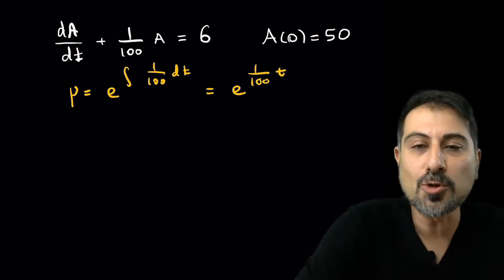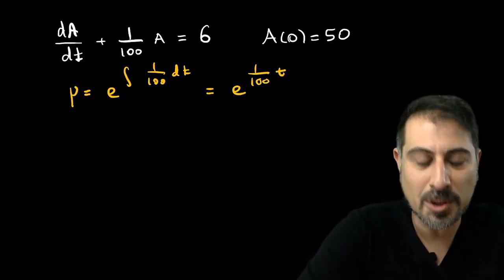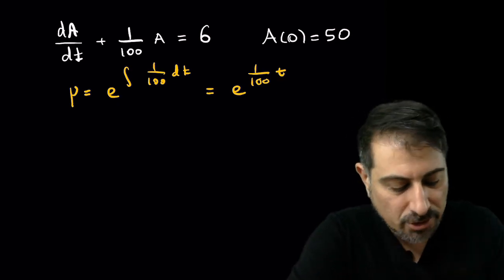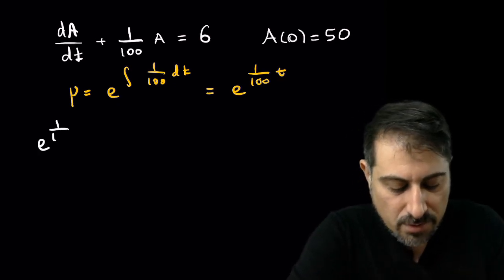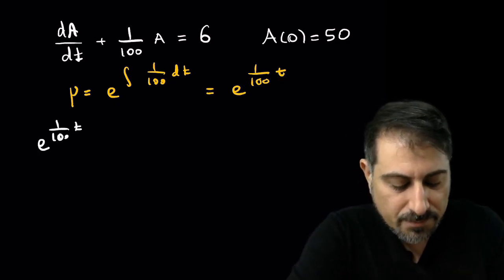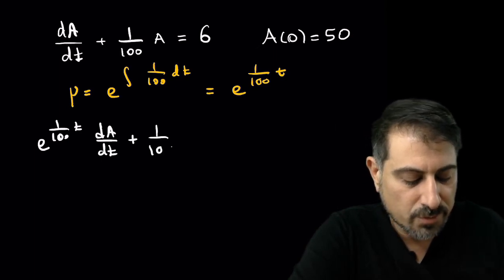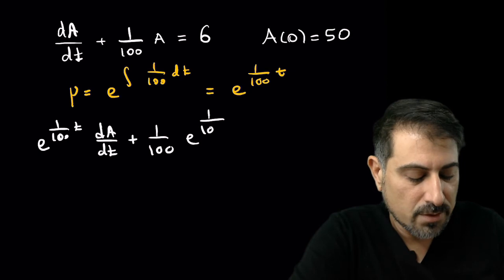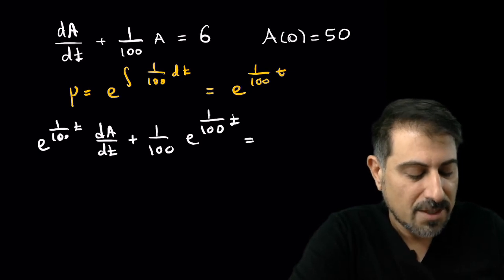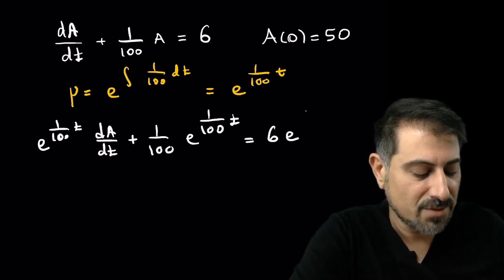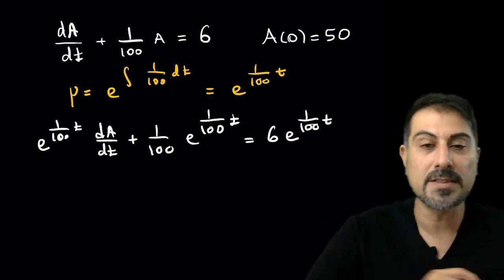So why don't we multiply both sides of the differential equation by the integrating factor. So e to the 1 over 100 t dA over dt plus 1 over 100 e to the 1 over 100 t A equals 6 times e to the 1 over 100 t.